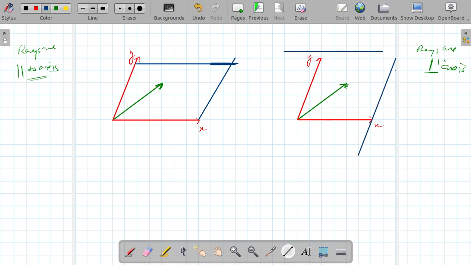So this is the extended source of light, represented by this blue colored line.